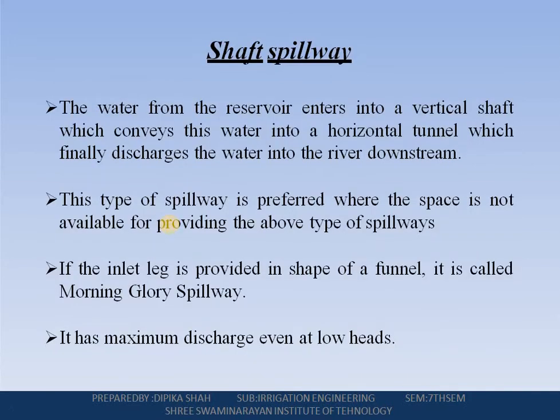The next spillway is the shaft spillway, right? A shaft spillway has a horizontally positioned lip through which water enters and then drops through a vertical or sloping shaft, and then to a horizontal conduit which conveys the water past the dam. A shaft spillway can often be used where there is inadequate space for other types of spillways, right?